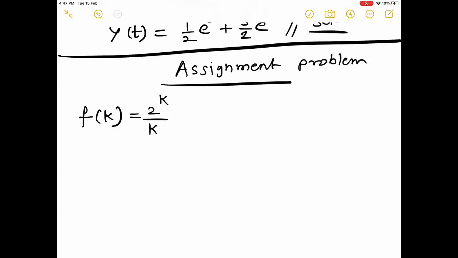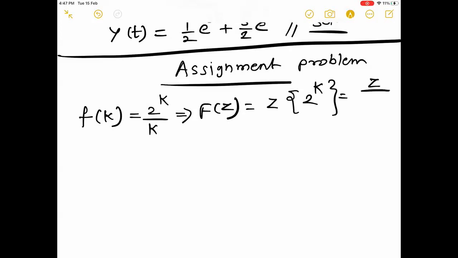Okay, so f of k is 2 raised to k upon k, given for k greater than or equal to 1. That is a causal sequence. The Z transform of 2 raised to k is Z upon Z minus 2, correct?